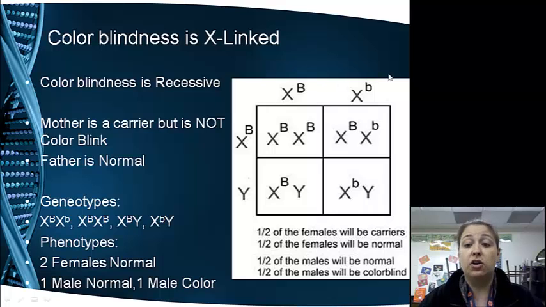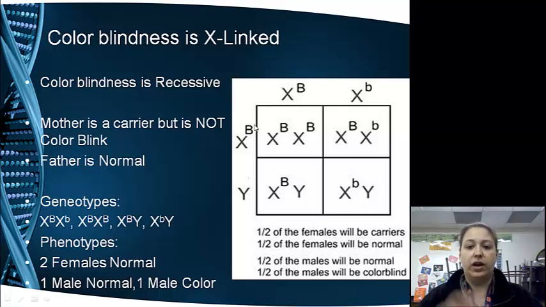Color blindness will show if you have 2 little b's in females, or a male has 1 little b. Now for the father, which is an X and a Y, the Y does not have color blindness on it, so we just leave it as the Y. But the X, the male is normal, so he has a big B.